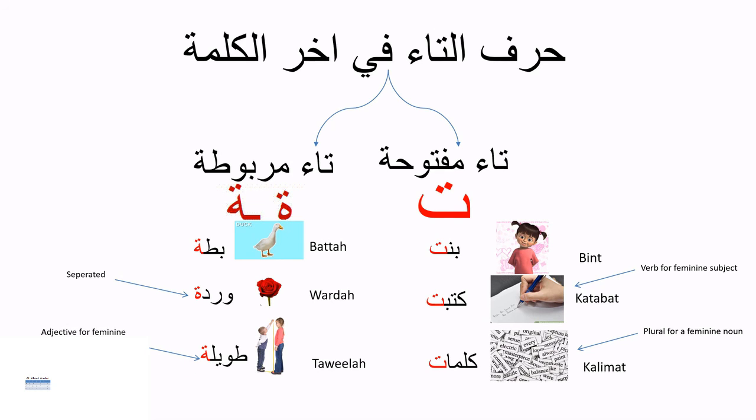Now if we're talking about an adjective for a subject which is feminine, then we have to use ta marbuta. So to sum it up, ta maftuha can only be used with verbs, cannot be pronounced as ha, and it can be used in plural nouns, while ta marbuta can be pronounced as ha if we stop at the word, and it can be used for adjectives.